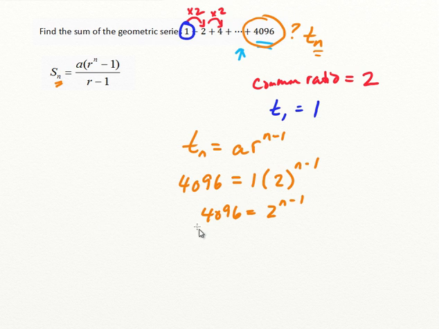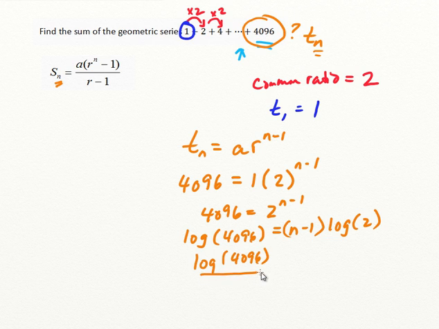If I take the log of both sides, I can see that the log of 4096 is equal to n minus 1 times the log of 2. Dividing, log 4096 divided by the log of 2 equals n minus 1.